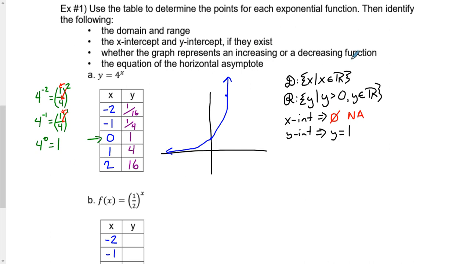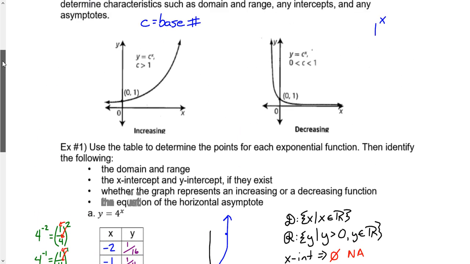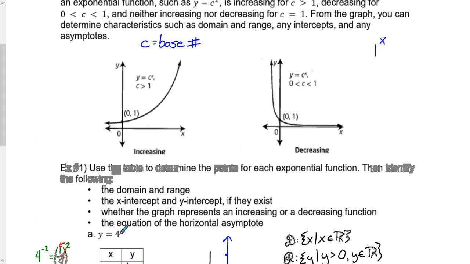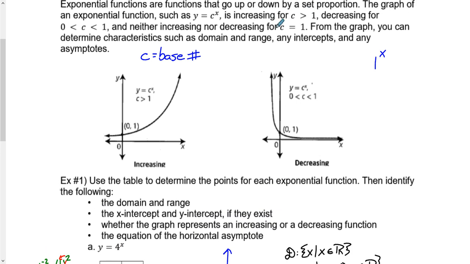Is this an increasing or decreasing function? Well, you can see from this graph, as well as from the equation, and I'll talk about that in just a second, that this is definitely an increasing function. And I'm just going to use the abbreviation of I and C. The reason I say that, we can look from the equation for the 4 to the power of x, the base value of 4 is definitely bigger than 1.